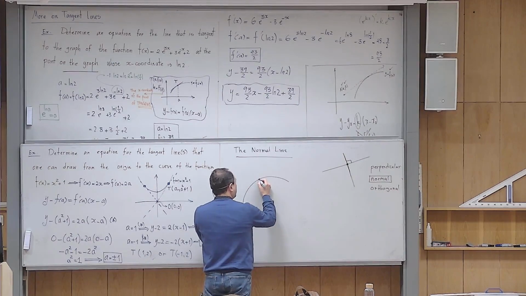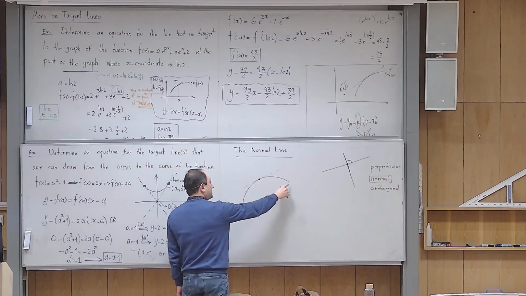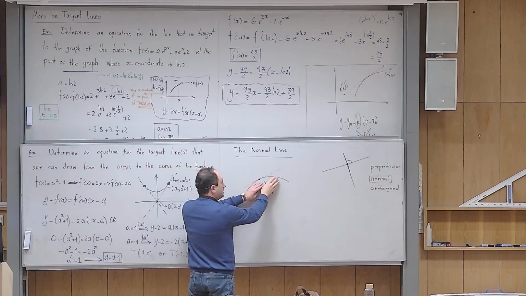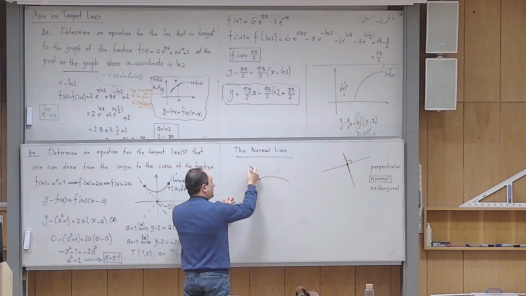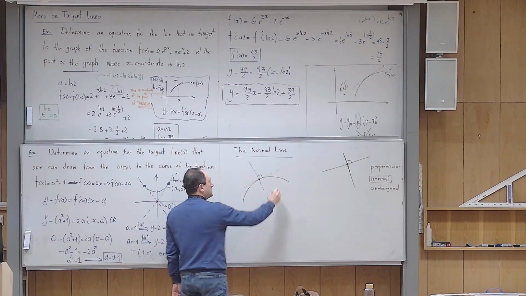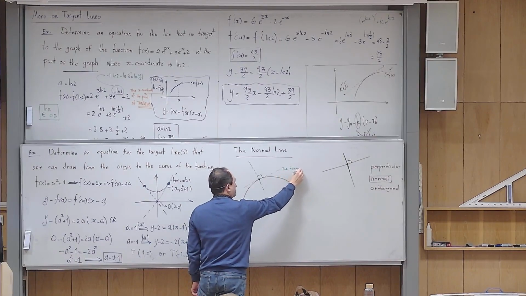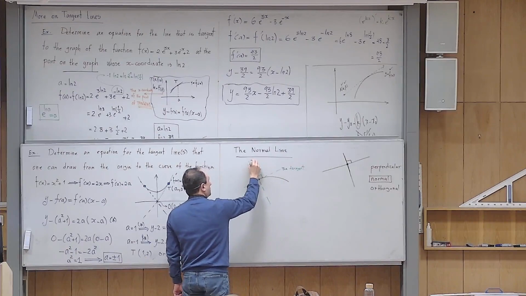They mean, first, imagine that you draw a tangent line here, and then forget about the curve, don't see the curve anymore, and draw a perpendicular line to this new tangent line at that point. So this is called the tangent line. This is called the normal line.